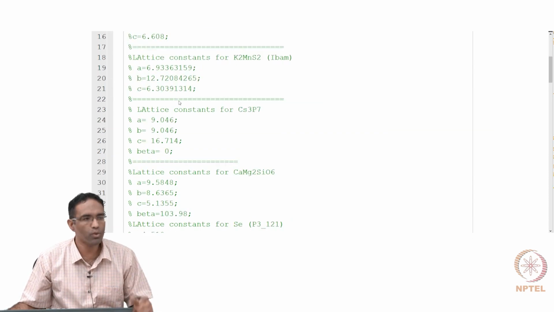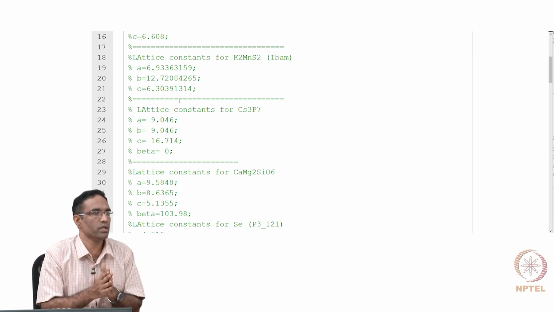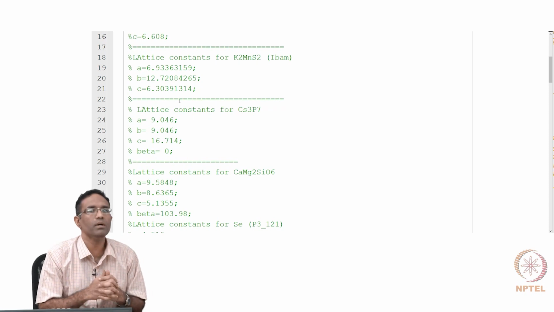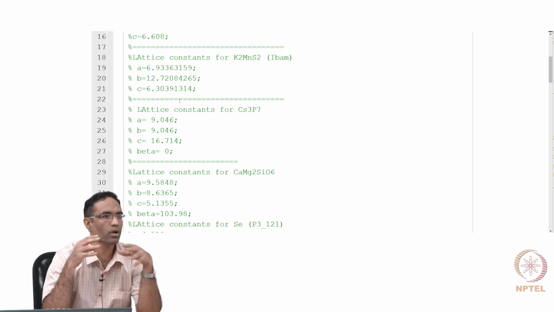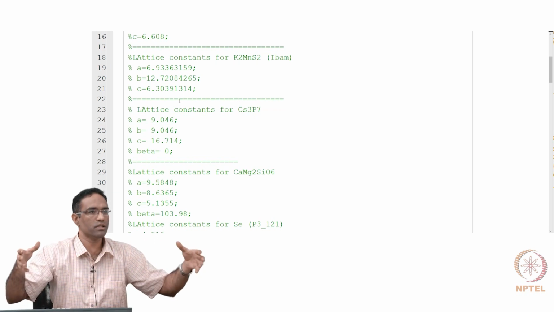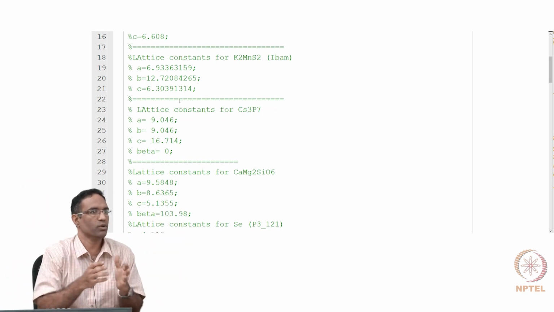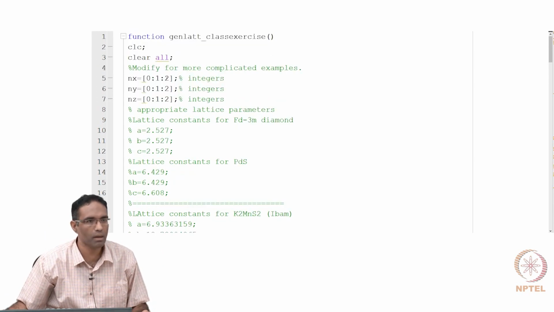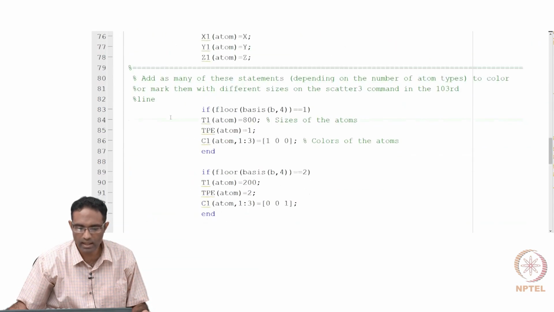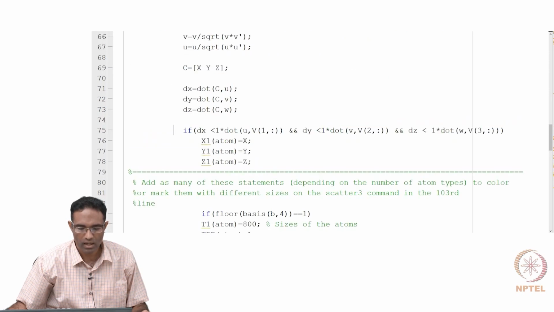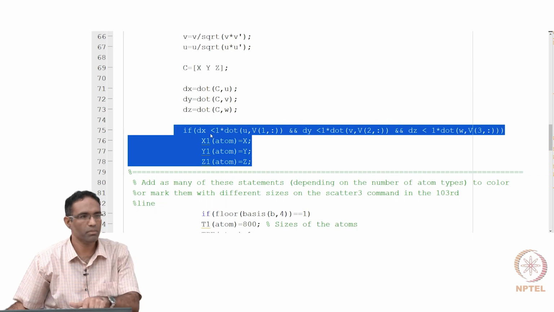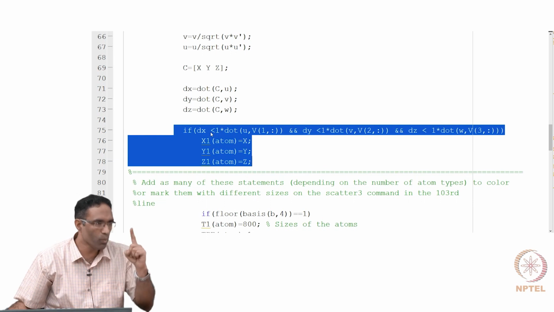If you want to use this code to generate a data file, for example for the LAMMPS program, then it will not contain only one unit cell, it might contain a large number of unit cells. You might want to analyze 10 by 10 by 10 unit cells, then you might have to modify this number to 10, 10, 10, and not have these statements, because this one will only store the atoms which lie within one unit cell.